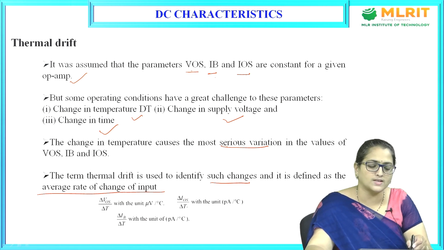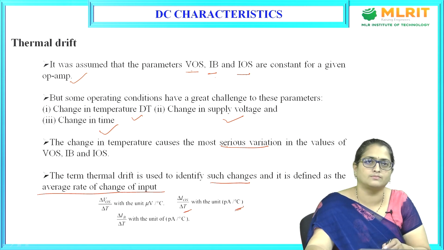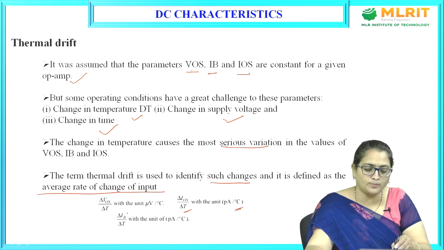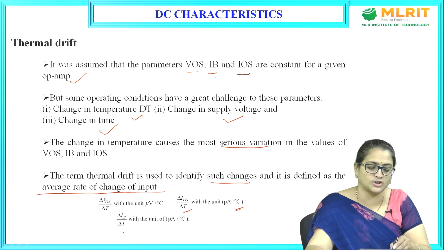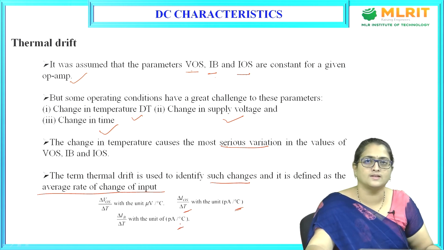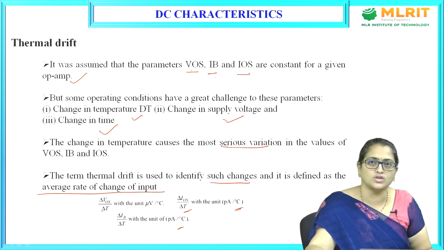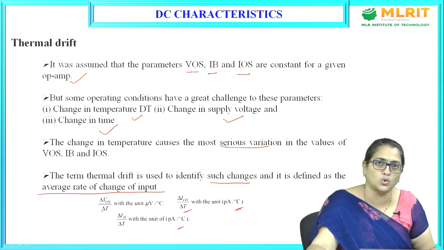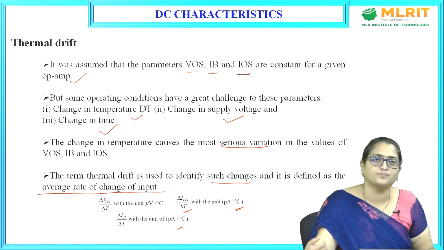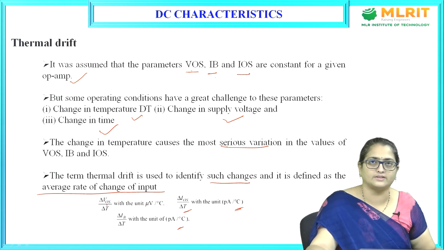And delta IOS by delta T, that is, input offset current changing with respect to temperature, picoamps per centigrade, and input bias current changing with temperature, given in picoamps per centigrade. So these three components, that is offset current, offset voltage and bias current, change with respect to temperature, with respect to supply voltage and with respect to time. So these are the four DC characteristics.